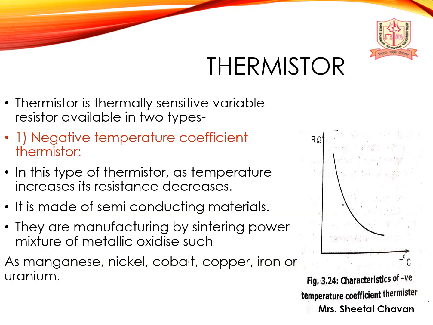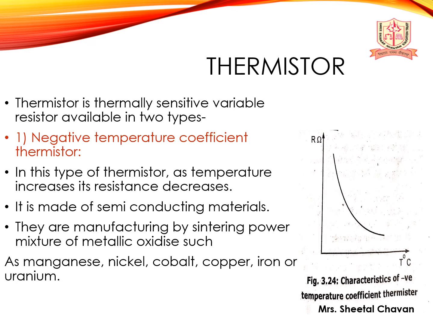The next point is thermistor. Thermistor is thermally sensitive variable resistor available in two types, negative temperature coefficient thermistor and positive temperature coefficient thermistor. Let's see the first one, negative temperature coefficient thermistor. In this type of thermistor, as temperature increases, its resistance decreases. It is made up of semiconducting material.